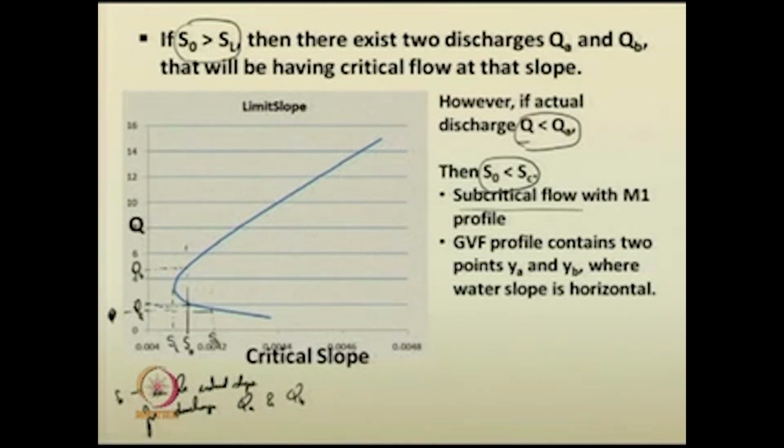Fine, because the gradually varied flow profile contains 2 points. You know that for QA there is one particular depth YA, and for QB there is another particular depth YB.